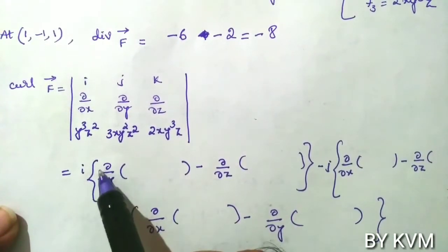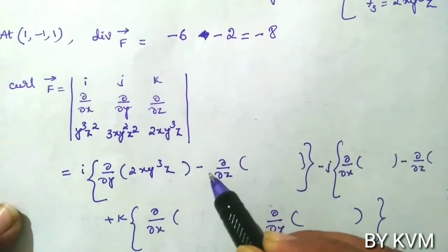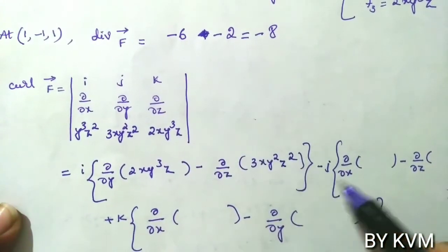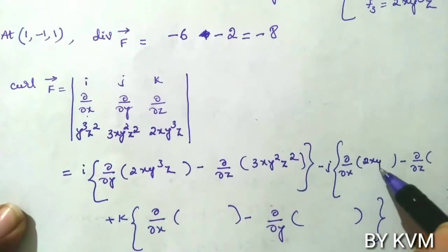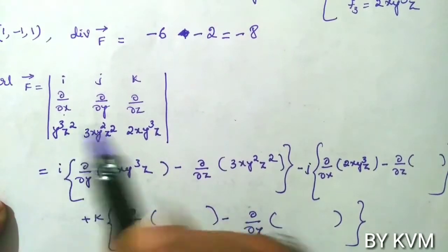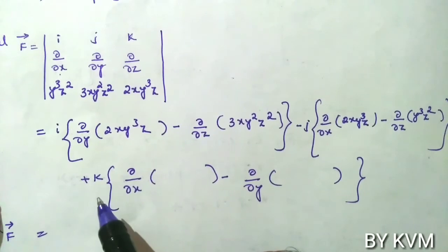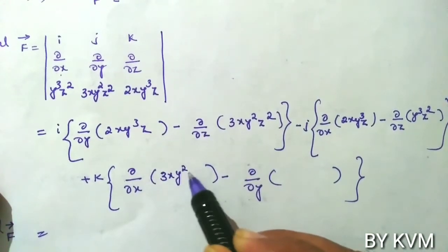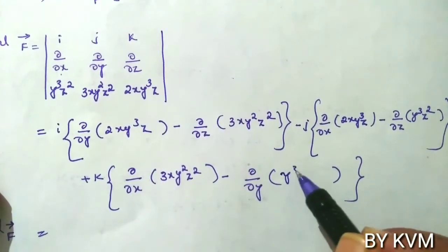So i into ∂/∂y of 2xy cube z minus ∂/∂z of 3xy square z square, minus j times ∂/∂x of 2xy cube z minus ∂/∂z of y cube z square, plus k into ∂/∂x of 3xy square z square minus ∂/∂y of y cube z square.